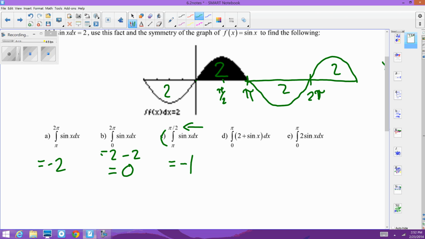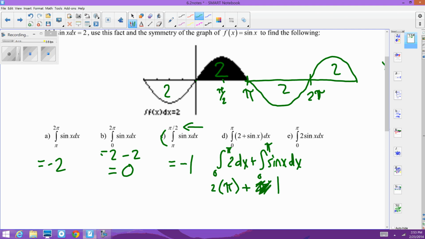All right, this, we can use our properties to break this apart. Okay, 2 times pi minus 0, that's just 2 pi, plus the integral from 0 to pi, that's just 1. I don't know why I wrote pi.